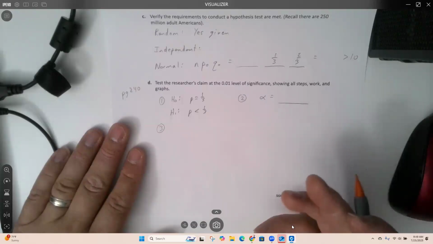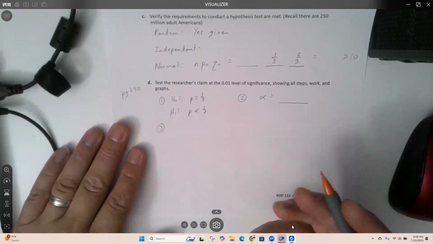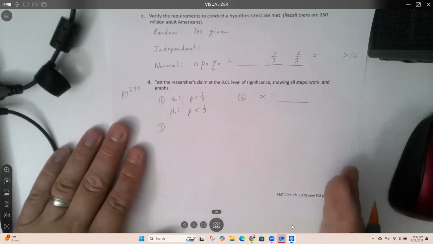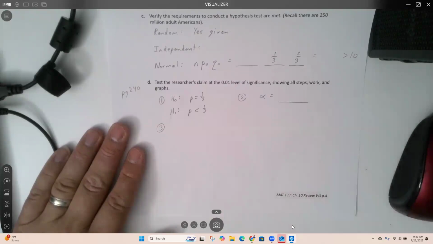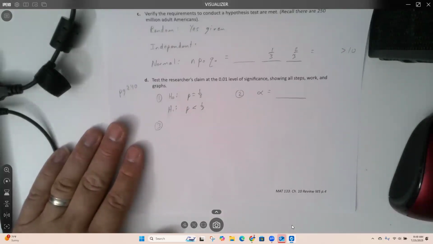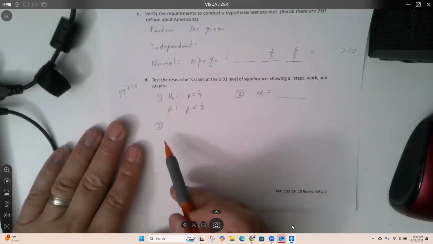Well, if your alpha is 1%, then you're not going to reject the null hypothesis. But if your alpha is 5%, then you would. So you can't just do the experiment and then decide, oh, I really want to reject the null hypothesis, so we're going to set our alpha to 5%. You need to set your alpha ahead of time.